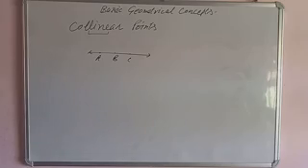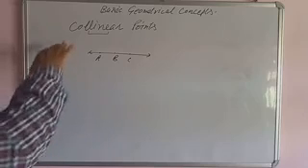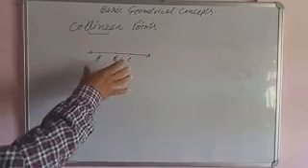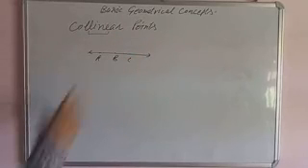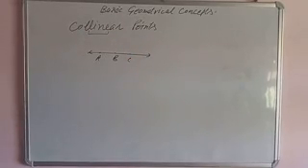If we have only 2 points, then that is a line segment. So when 3 or more points lie on the same line, they are called collinear points.